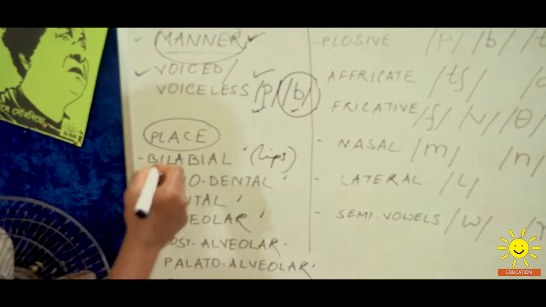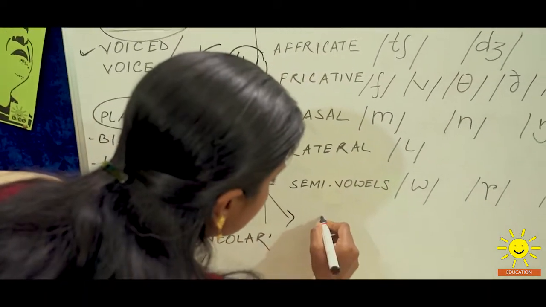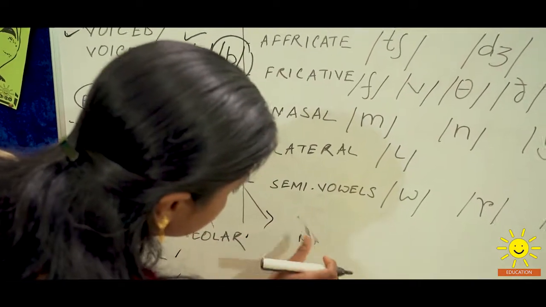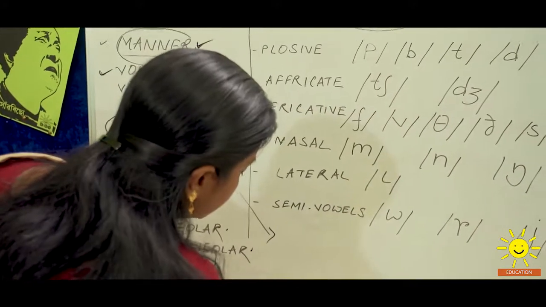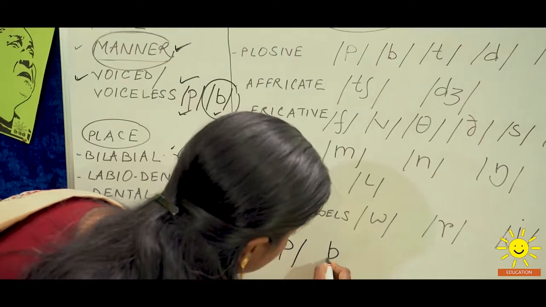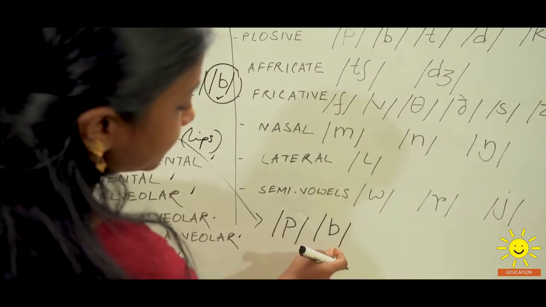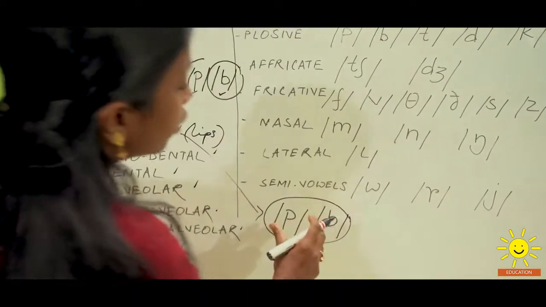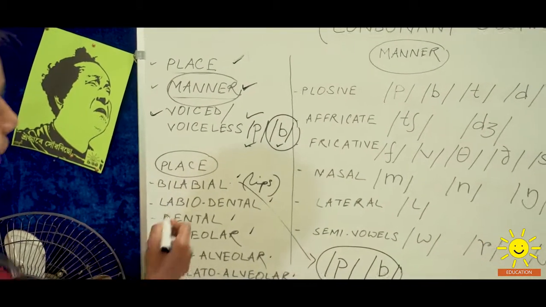That is, for instance, a bilabial sound like p, b. So, the articulation of these two sounds involves the two lips and hence it is bilabial.